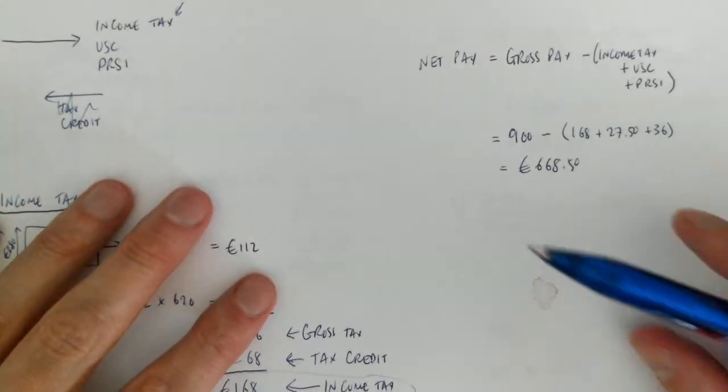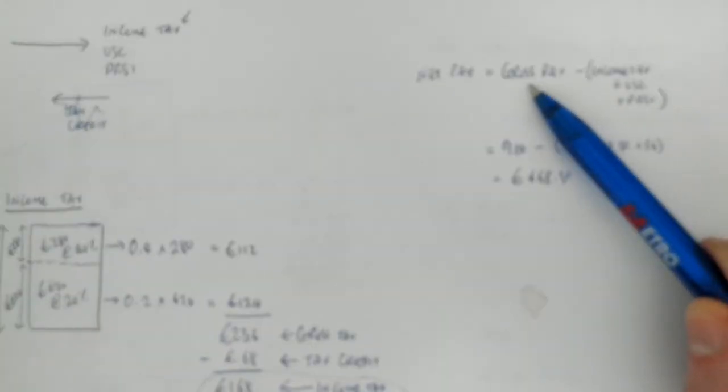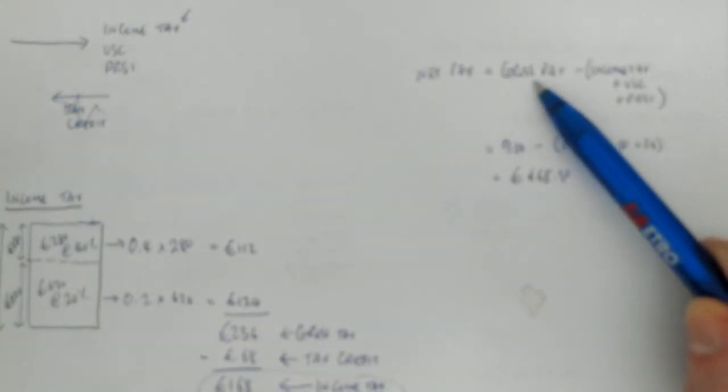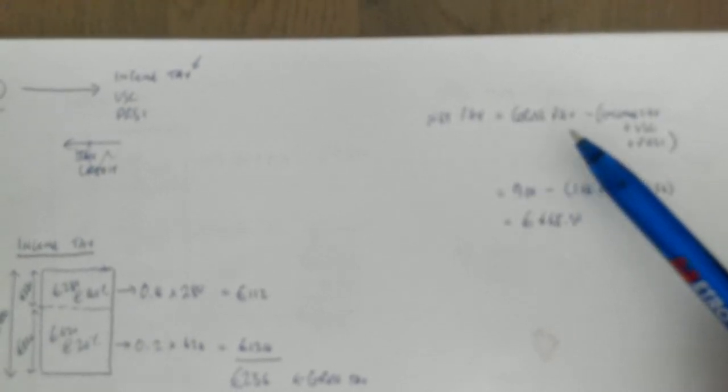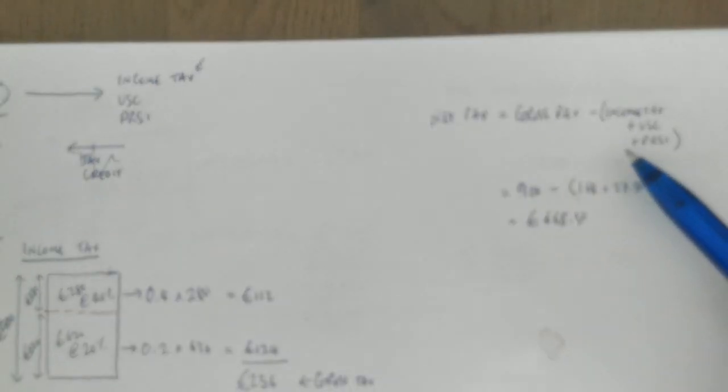So this thing called net pay is what they ask for. It's the gross pay, which is the initial amount, right? Which is 900 in this case. Take away all the taxes. I call them taxes: the tax, USC, and PRSI. Okay, so that's what I've done there. I'll just wait till the camera focuses.